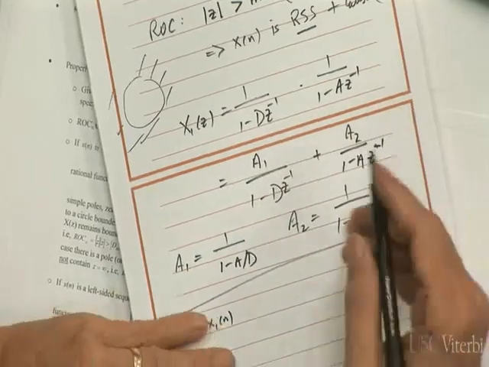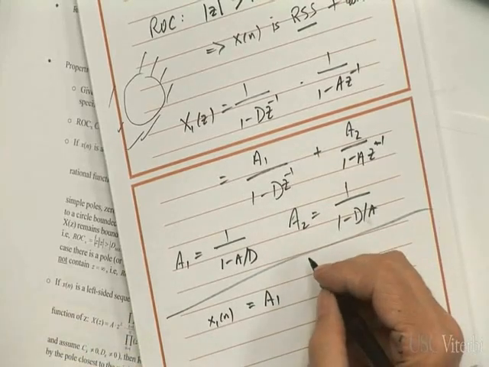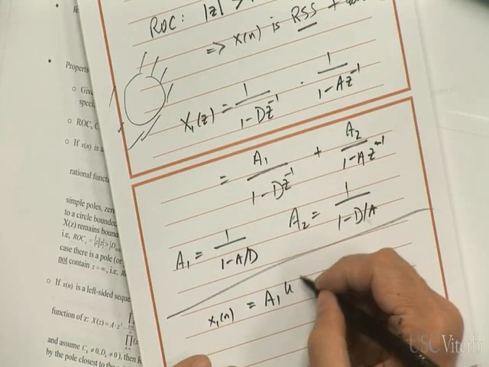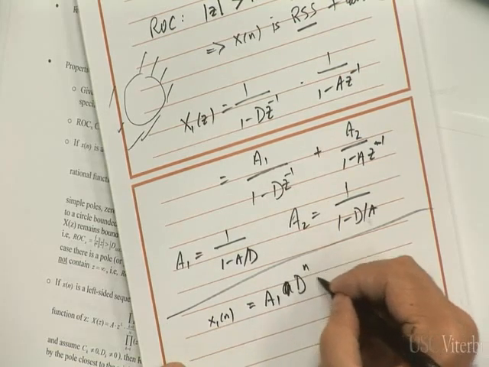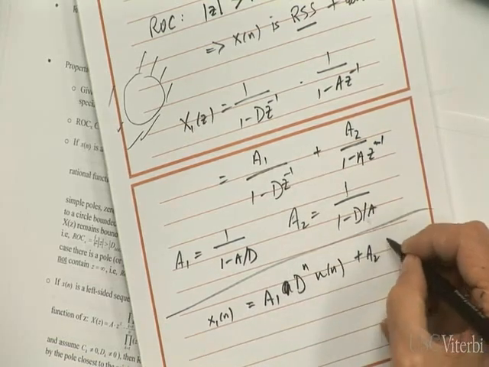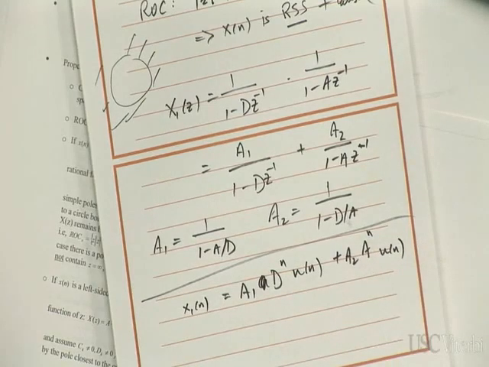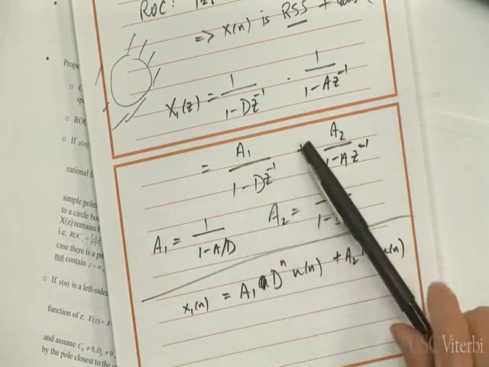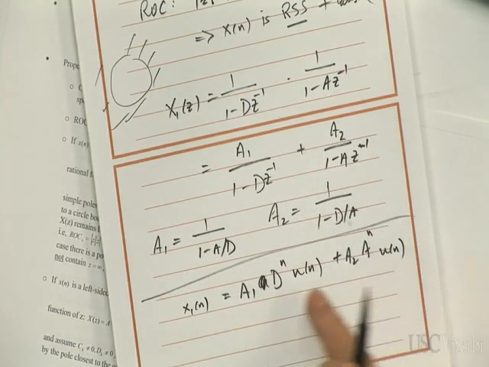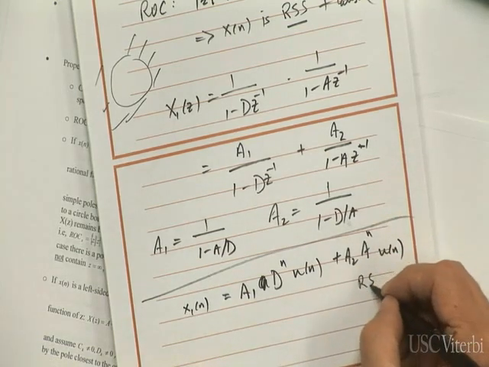In either case, you end up with a right-sided sequence: d to the n times u of n, plus a2 times a to the n times u of n. So you can use the right-sided version of the inverse Z transforms, and that's what you get for x1 of n. And it certainly is right-sided, right? You would agree with that.